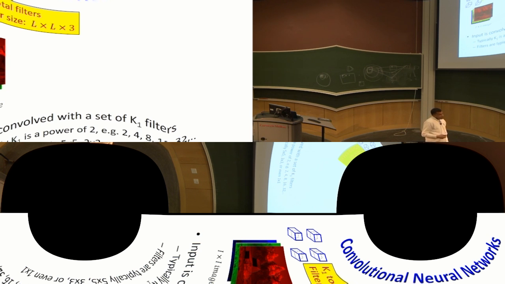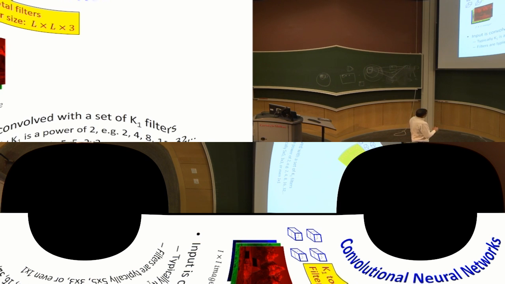Typically, the number of filters is going to be a power of 2, like 2, 4, 8, 16, 32. And another thing we tend to do is increase the number of filters in powers of 2 as you go through the layers. That's because as you go through the layers, the maps get smaller, but you try to extract more and more information out of them by using more and more layers and more filters.